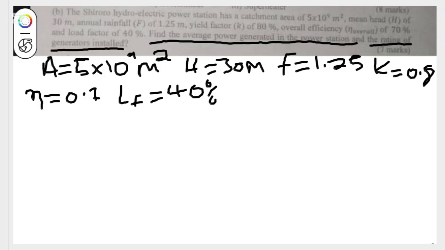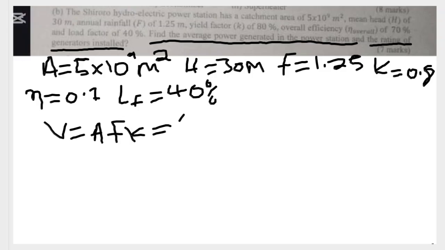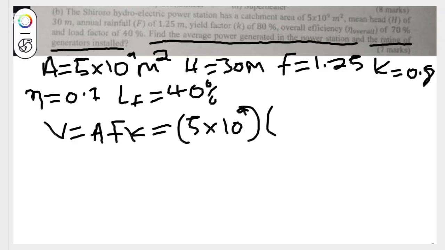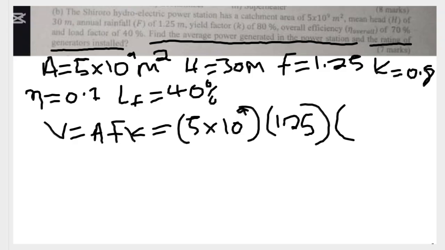So we have to first find the water volume per year. The water volume per year, V, is the same thing as AFK, which is A, the area, 5 times 10 raised to the power of 9, multiplied by F, the rainfall, which is 1.25, and also multiplied by K, 0.8.